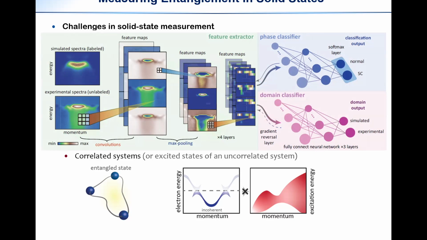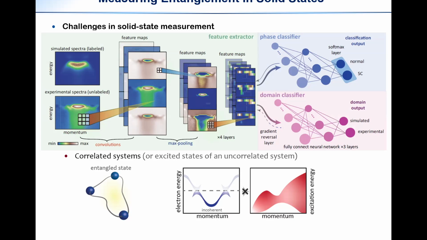So you can overcome the limited data volume in experiment. You can use a lot of simulated data and only a small amount of experimental data, using the domain adversarial method to combine the domains and try to bridge the gap between the two.